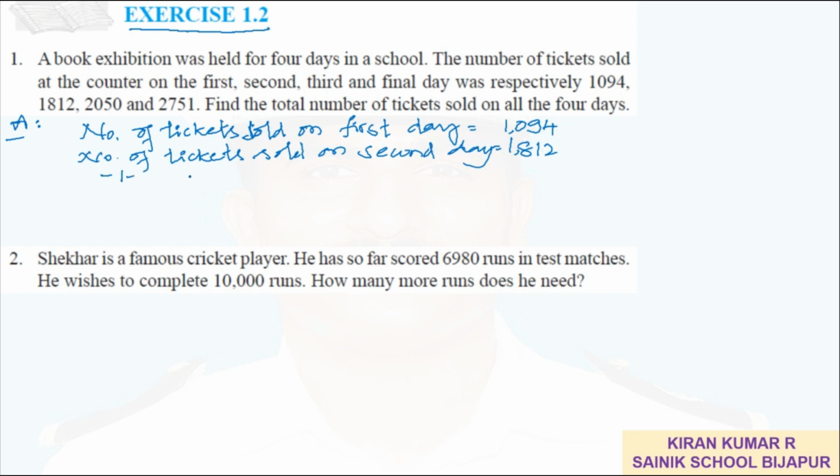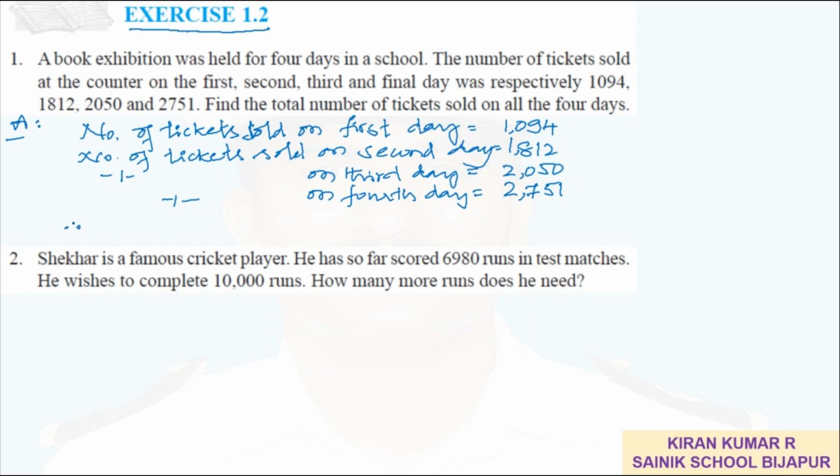The number of tickets sold on the third day is given as 2050. And the number of tickets sold on the fourth day is 2751.